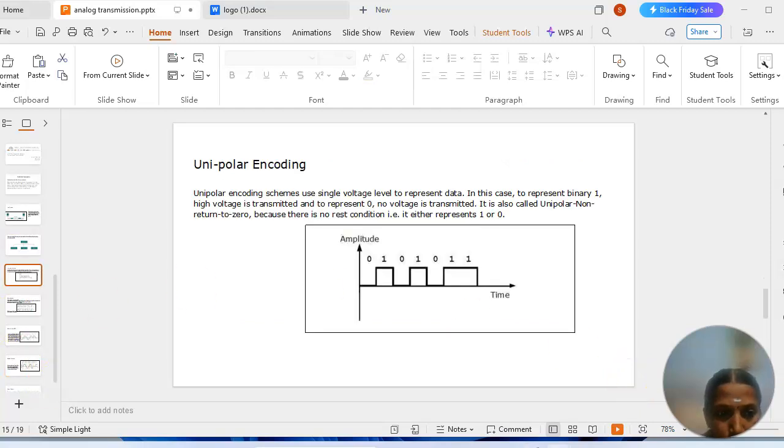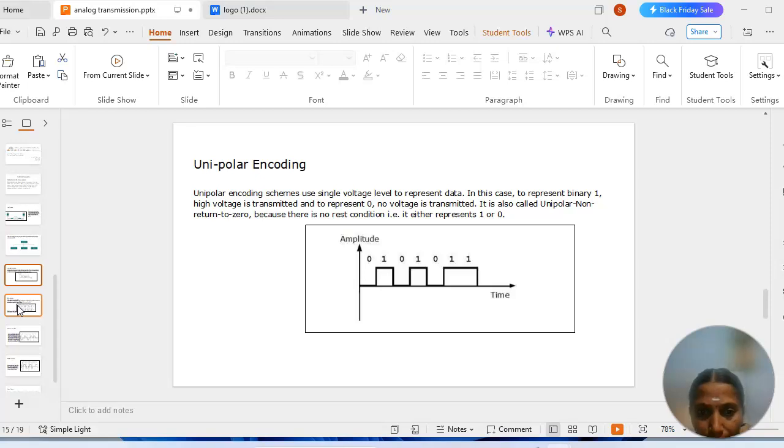First one, unipolar coding. Unipolar encoding schemes use a single voltage level to represent the data. It uses a single voltage level, so only above the timeline. In this case, to represent binary one, a high voltage is transmitted.